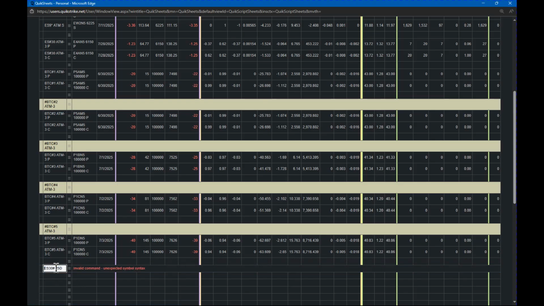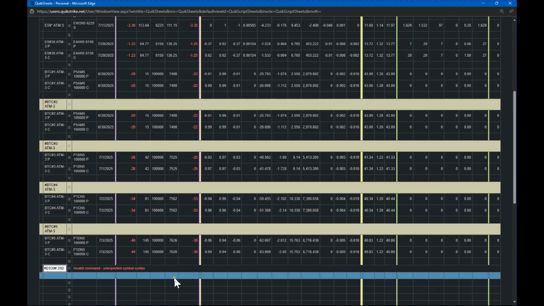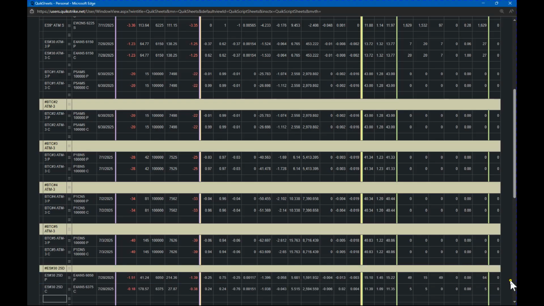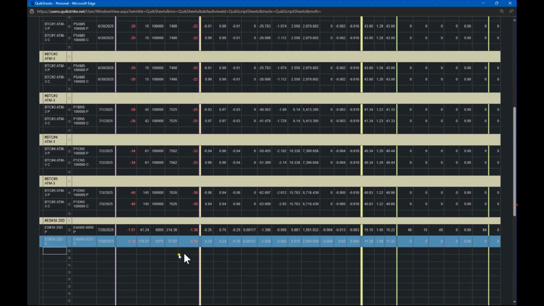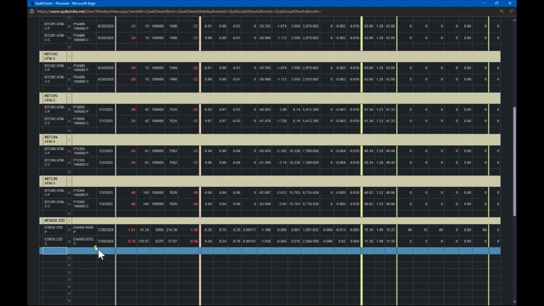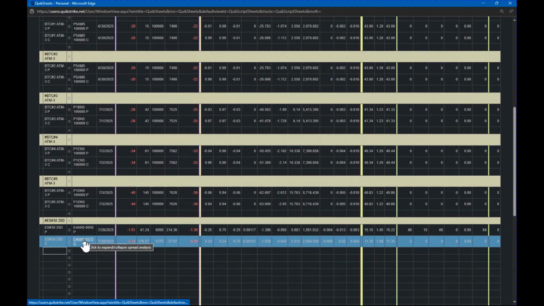Oh, what did I do wrong? Here we go. Had the little pound sign in the wrong place. All right, so our 25 delta is at 63.75 for a 30-day.